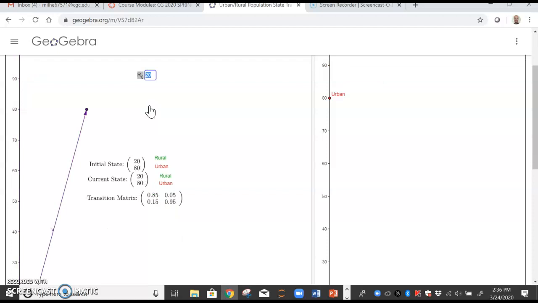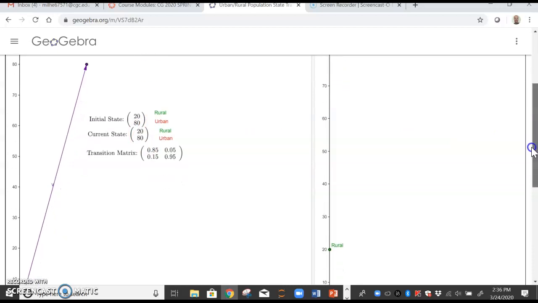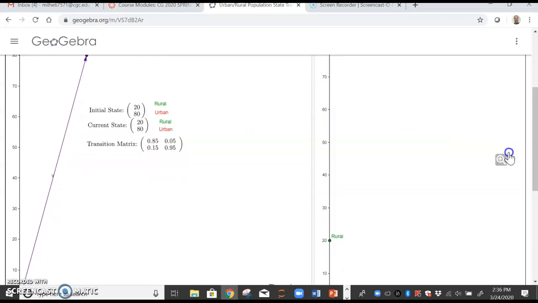What that generates is an initial state vector, which is our 20, 80. That's also the same as our current state because we haven't moved in time at all. Over on the left, let's see if I can zoom out at all here.